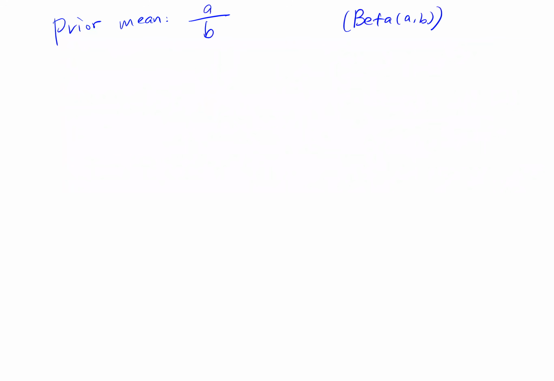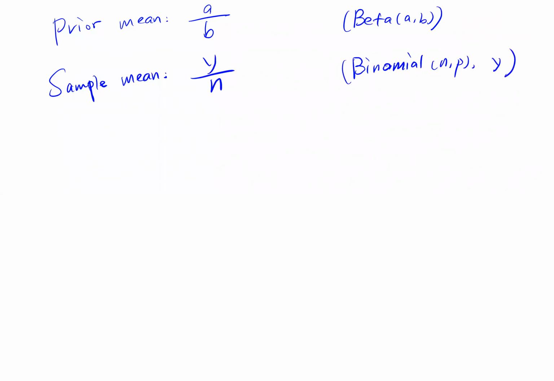Okay, that's just features of a beta distribution. What's the sample mean? It's the sample proportion, right? So it's y over n. Okay, so if you have a binomial n, p and your outcome is y, then this is your sample mean.